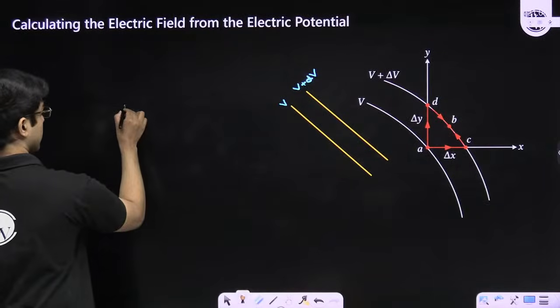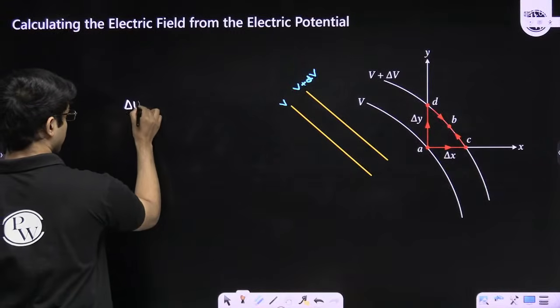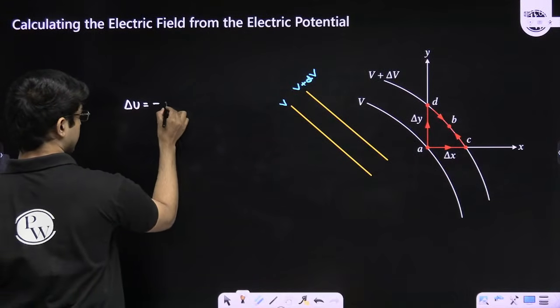Also, what was the formula for delta U in terms of the electric field?